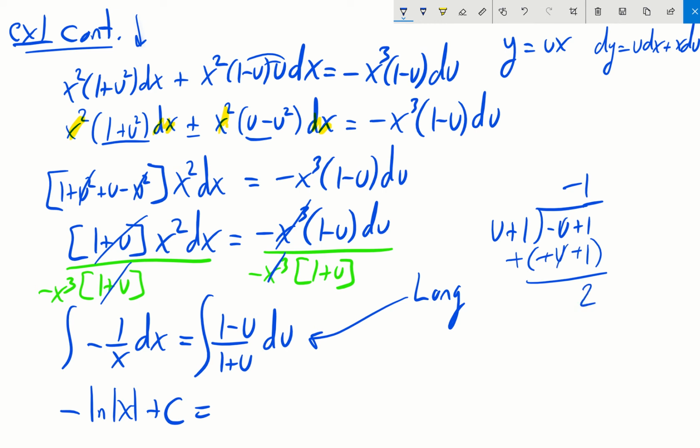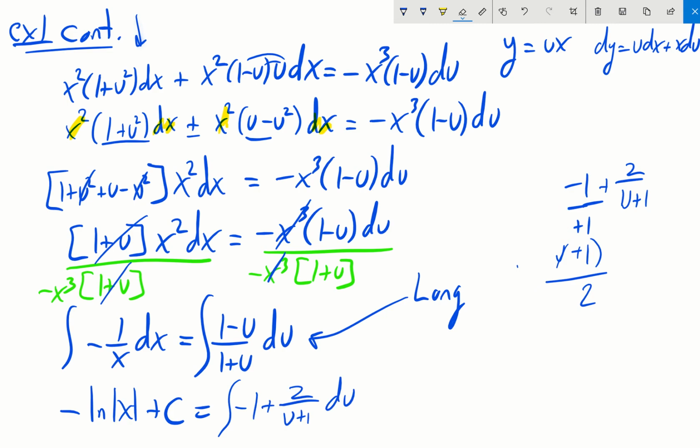So the quotient is going to be negative 1 plus 2 divided by 1 plus u, or I can call it u plus 1. So this is the antiderivative of negative 1 plus 2 over u plus 1 du.